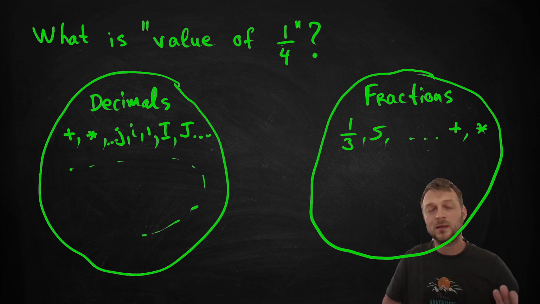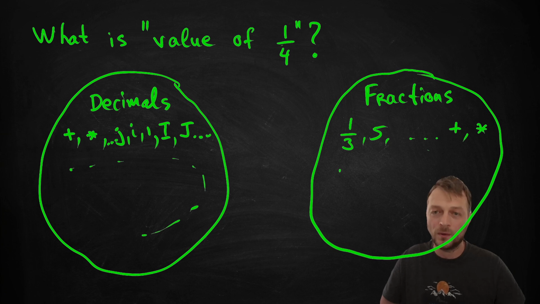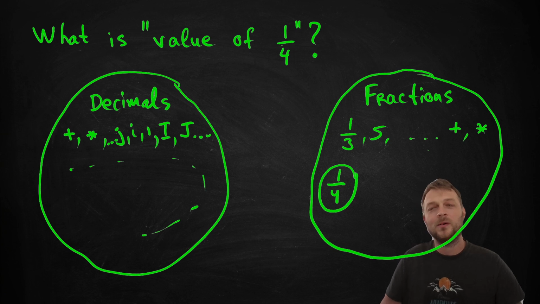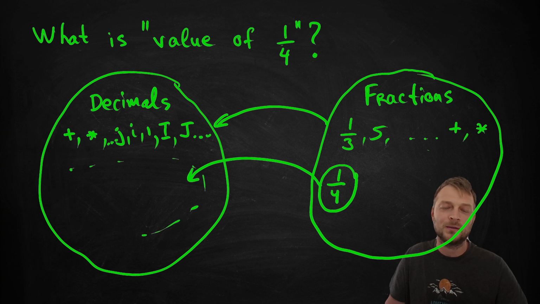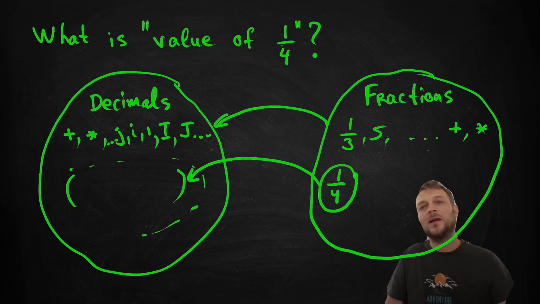So when we ask the question, what is the value of 1/4? What we really care about is a mapping. So we want to have some mapping that will bring all our objects from the fraction space to the decimal space. So the value of 1/4, or computing 1/4, means actually finding an object here, some representation here that will behave similarly to 1/4 on this side.